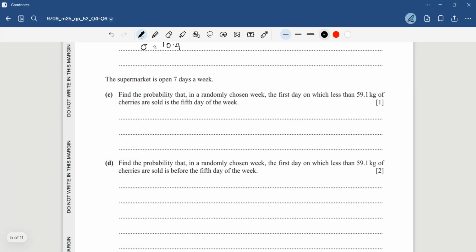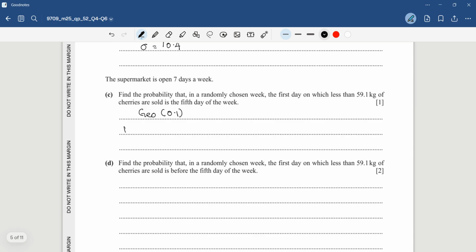Okay, the supermarket is open on 7 days a week. Find the probability that in a chosen week, the first day with less than 59.1 of cherries sold is the fifth day. So you see here, the first day of this is on the fifth day, so means it is a geometric. So you can write directly it's a geometric. The probability that they will sell less than 59.1 is 0.1.